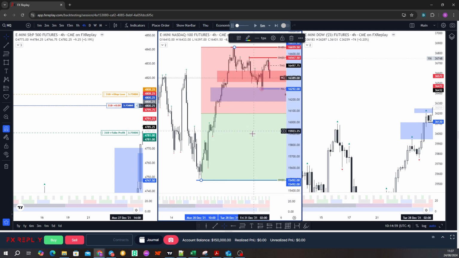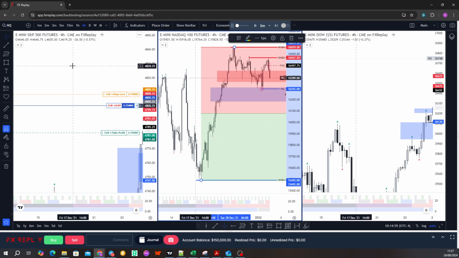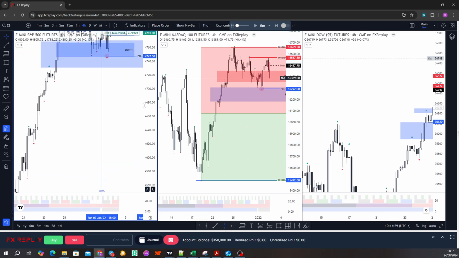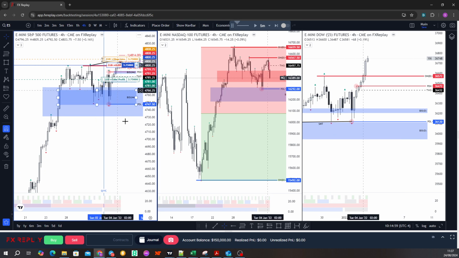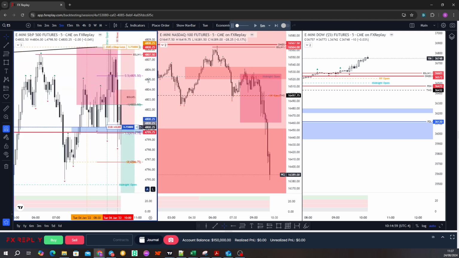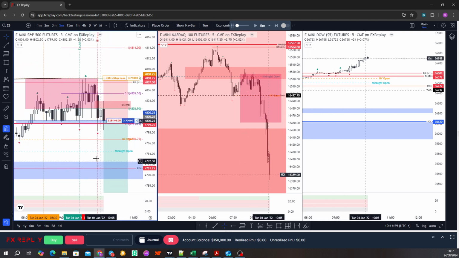So it's just something to monitor. So we drop down to the 5, and again, if this doesn't pan out, then it's something to document in terms of this type of trade.